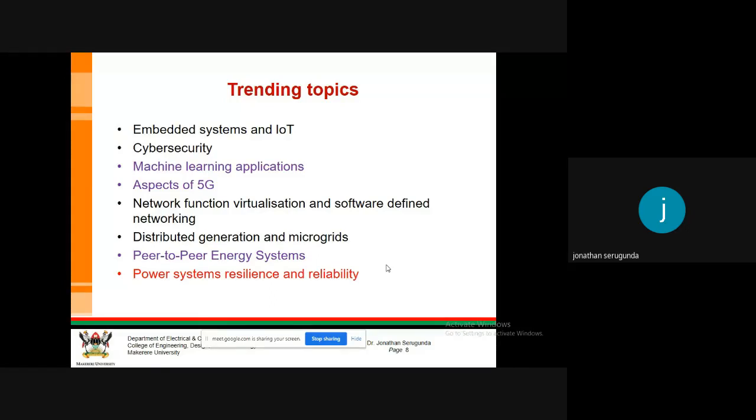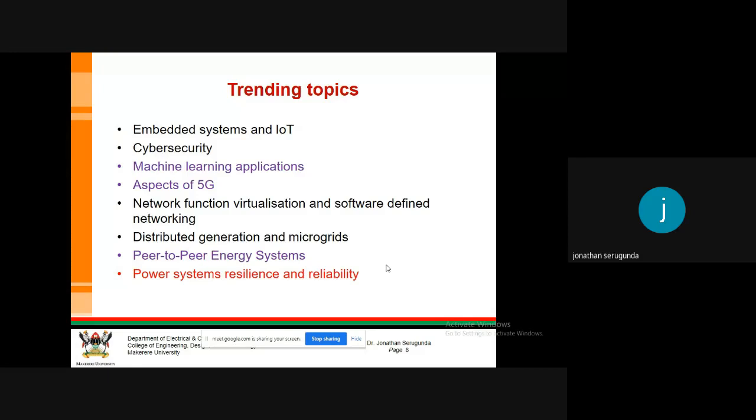In energy and power, we have peer-to-peer energy trading and energy systems. It's becoming key, especially as we hope to add a lot more distributed generators on the system. And then power systems resilience and reliability.